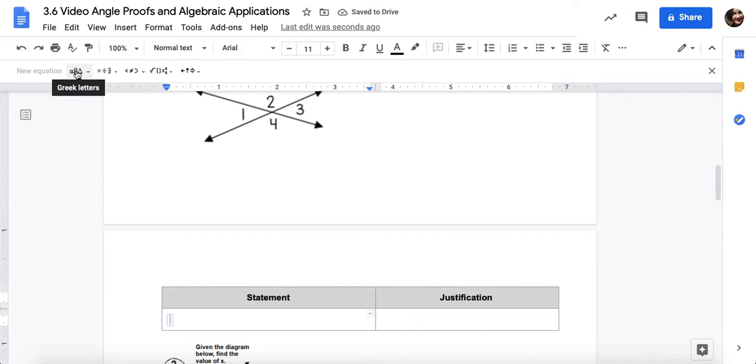And then to get the angle symbol, you're going to come over here and we're going to look and find our angle symbol.